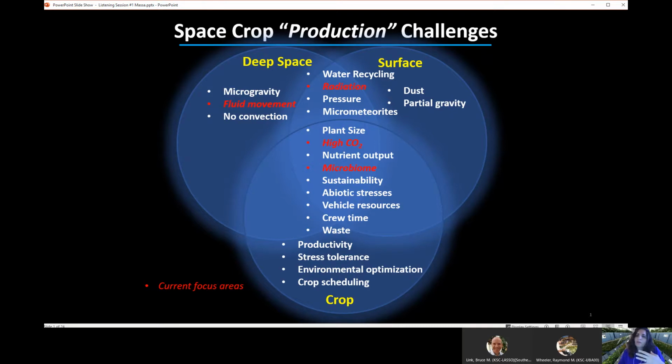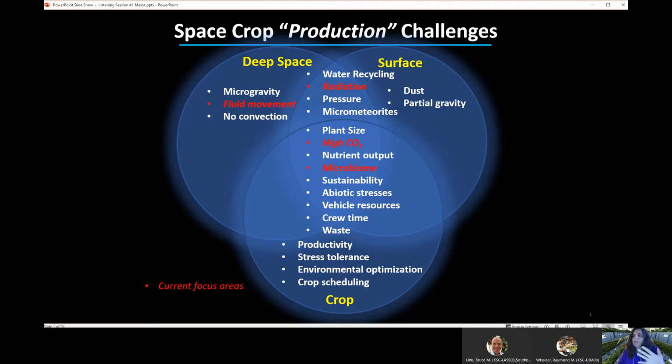We can think of surface-specific challenges, things like dust or partial gravity. And then there are some challenges that are shared with both of these environments: radiation, micrometeorites, the reduced pressure that Ray discussed. There are some challenges that are really specific to crops.